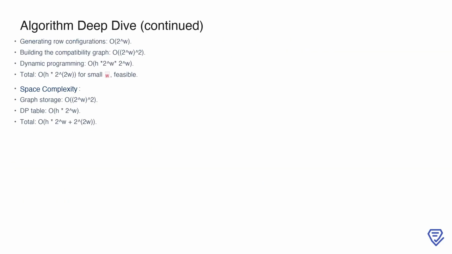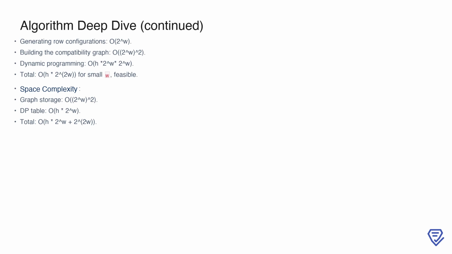The algorithm's complexity is primarily determined by the number of row configurations and the height of the wall. Generating all possible row configurations has a time complexity of O(2^W), as each width W can yield up to 2^W binary masks. Constructing the compatibility graph involves checking pairs of configurations, resulting in a complexity of O((2^W)^2).